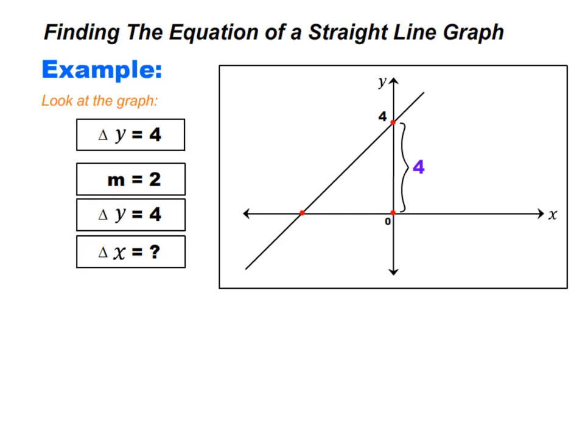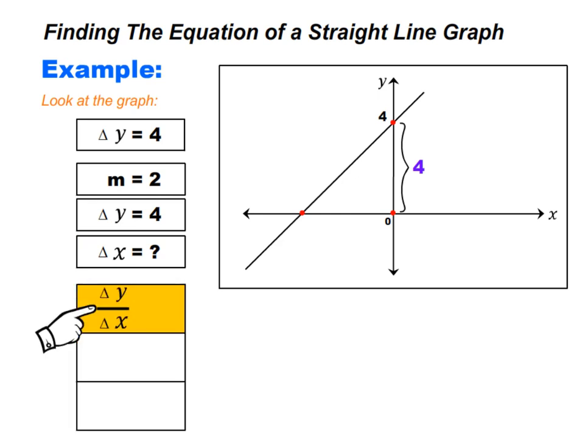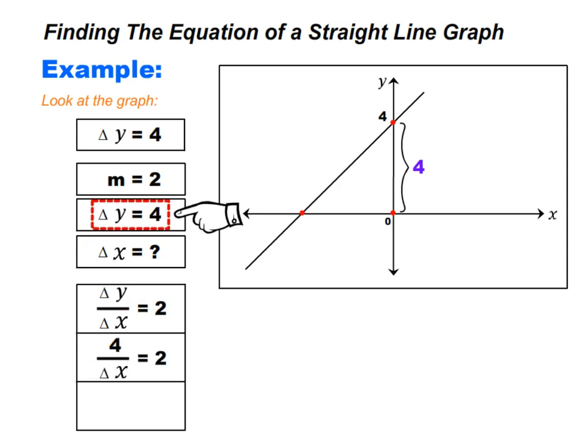We know that delta y over delta x gives us the gradient. This means delta y over delta x is equal to 2. This 2 is our gradient. In place of delta y, let us put a 4 because delta y is equal to 4.